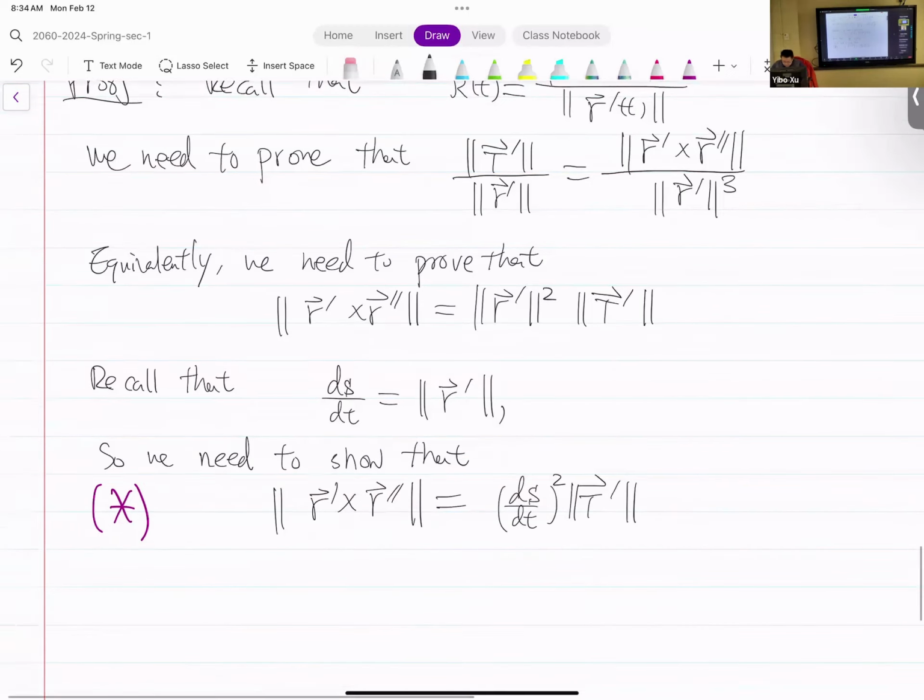All right. Now let's prove this. So we wrote this ds dt here for a reason. This is a scalar function, right? And we know how it relates to T and r prime, because T is the unit tangent direction, which is r prime over its magnitude.